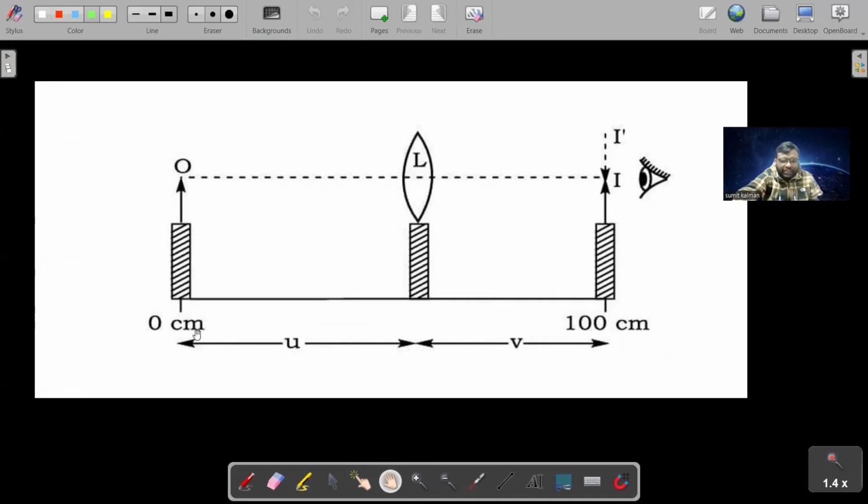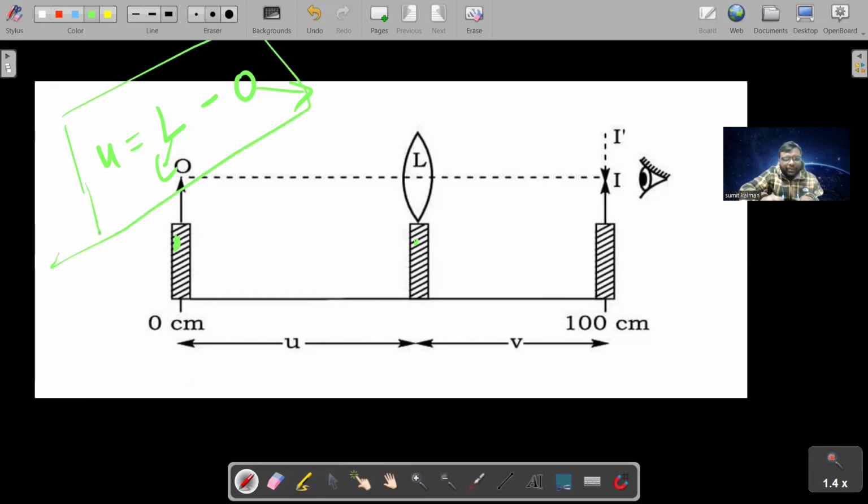And for calculating u, we just subtract L minus O. Here L is the position of the lens, and O is the position of the object pin. In this way, we find u while doing the experiment on the optical bench.